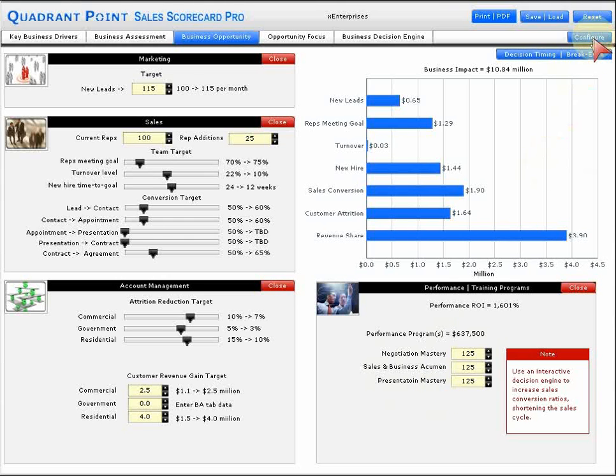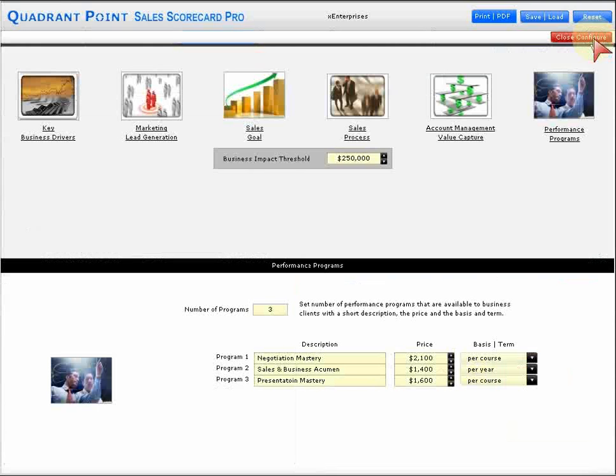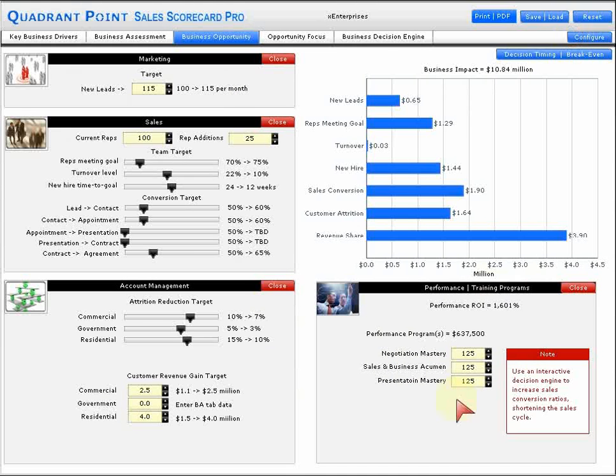The way you get to set those up, sales team, performance program, simply go into the configure area, click on performance programs, and then down here you can change the name, price points, per course versus per year, whatever those metrics are.